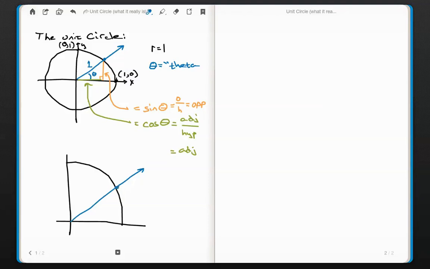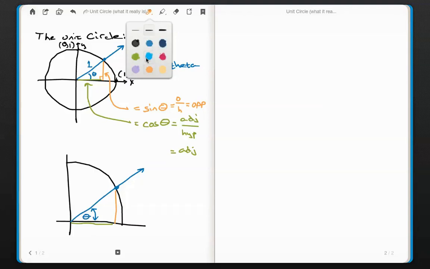So if this is our point, this is our angle theta. Theta goes like that. And then in green we have the cosine, which goes like that. And then in orange we have our sine, which goes like that. What else do I want to draw here?